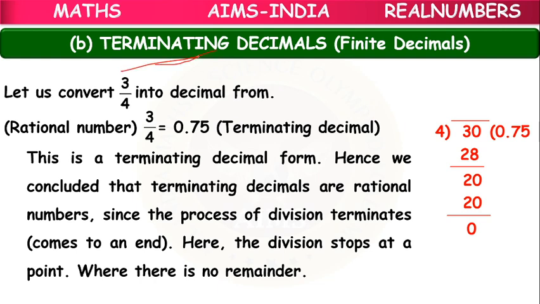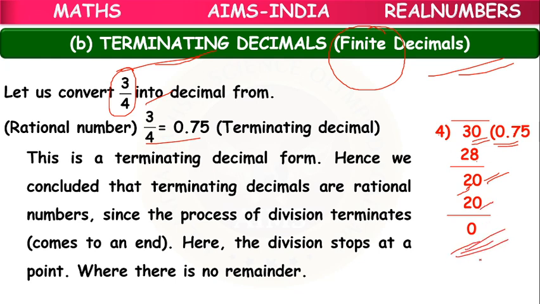The terminating decimals will have finite decimal places. Suppose we have 3 by 4. If we divide 3 by 4, 3 is less than 4, so we take 0 point and carry a 0 here. 4 7 times 28, 2 is remaining, and we keep a 0 here. 4 5 times 20, the remainder is 0.